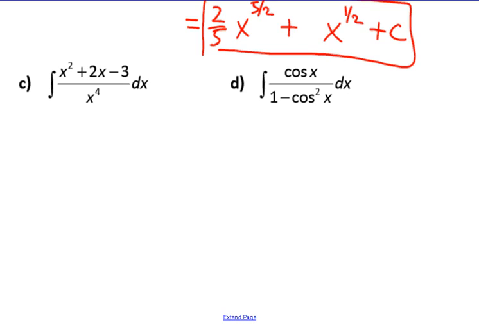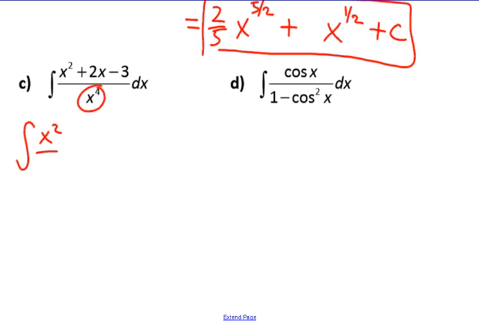For example C, you cannot take the integral of the numerator and then divide by the integral of the denominator. That's absolutely not something that you can do. Since I'm dividing by a single variable, I can divide each term by that variable.